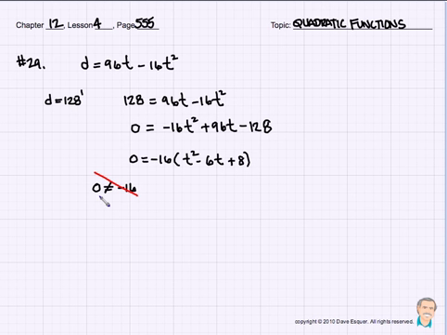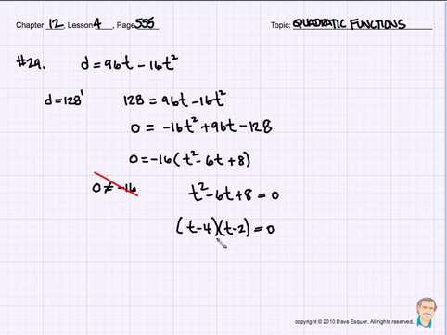That leaves me with t squared minus 6t plus 8 has to be 0. And I remember that the factors for that were t minus 4 and t minus 2.